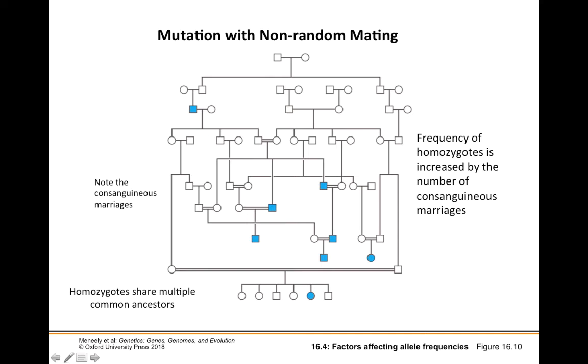And so anytime you have what's known as consanguinity, when individuals are marrying close relatives, there's the possibility that you get the homozygous condition not because of anything other than the fact that you have inherited it from your ancestors who are all related to one another.